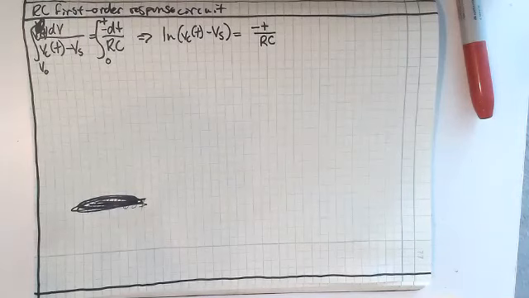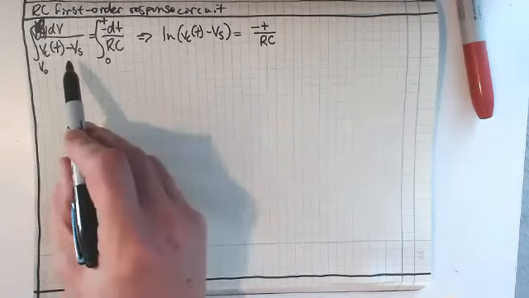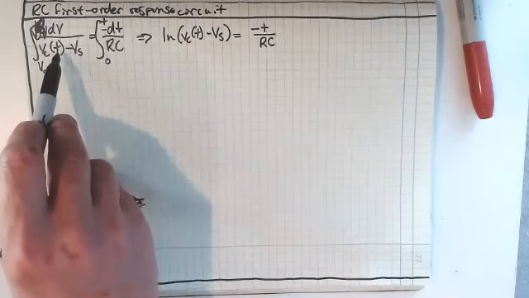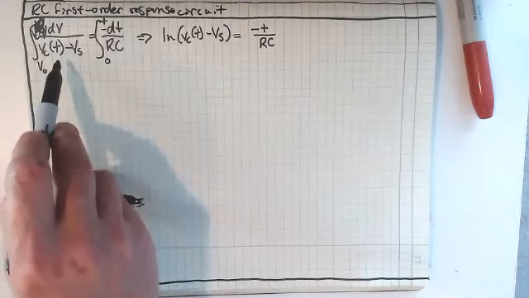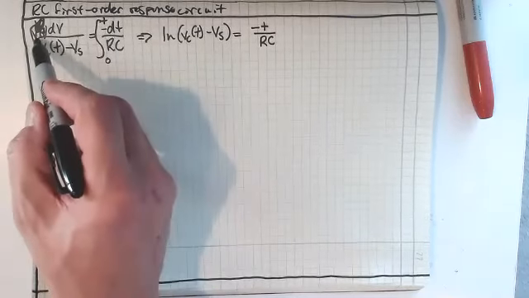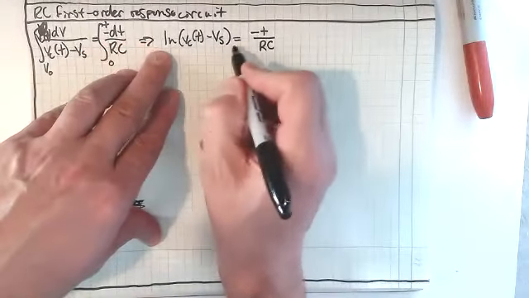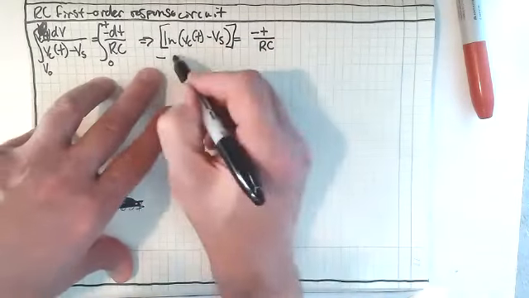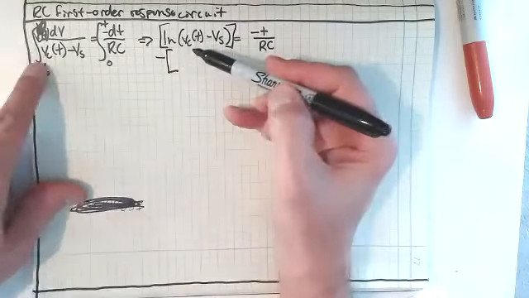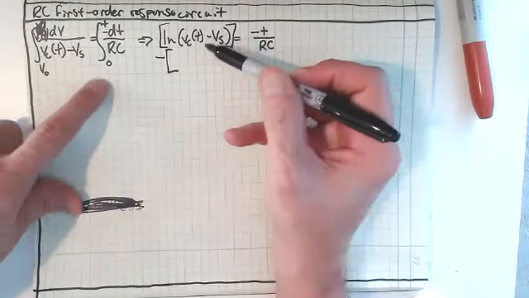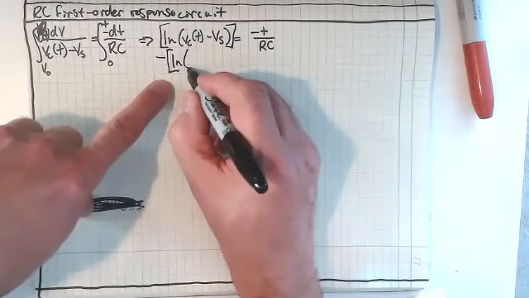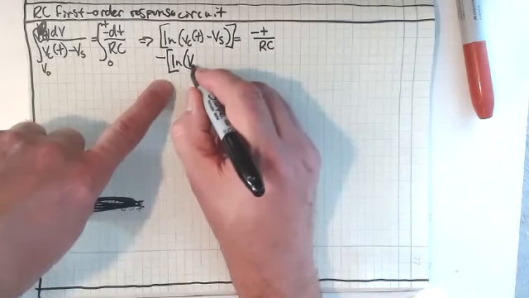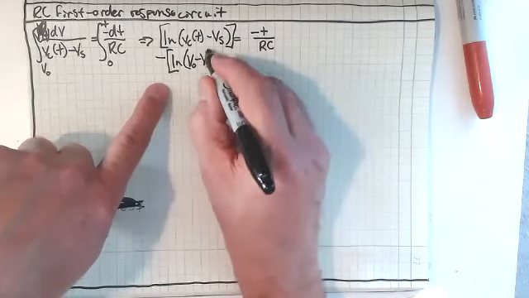So I've got V_C minus V_S at the upper limit, minus V_0 minus V_S at the lower limit, so that is the natural log of V_C minus V_S, minus the natural log of V_0 minus V_S.